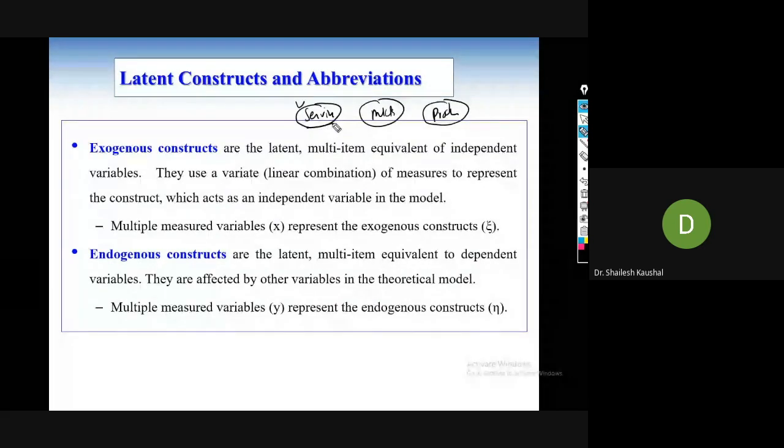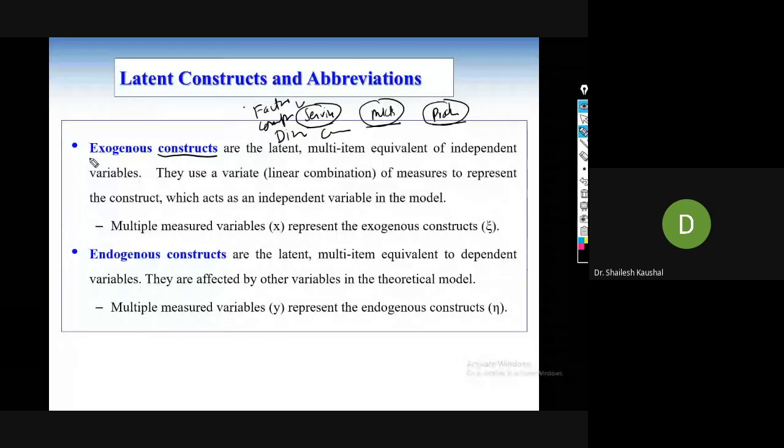Service combined three questions, marketing again three questions, and product value also three questions. Construct, factor, component and dimension are all the same thing, but in structural equation modeling we use the term construct. Construct is nothing but a factor, and each factor has three or four questions.